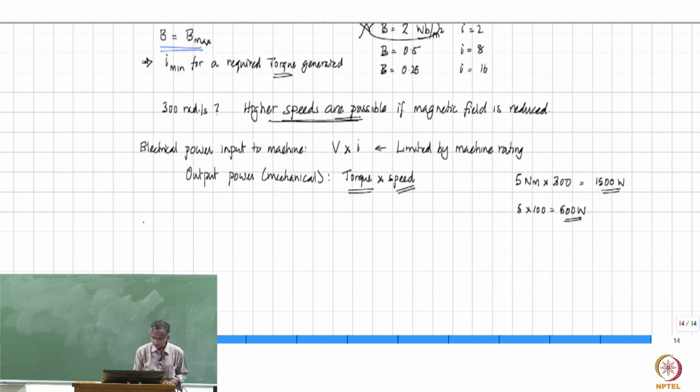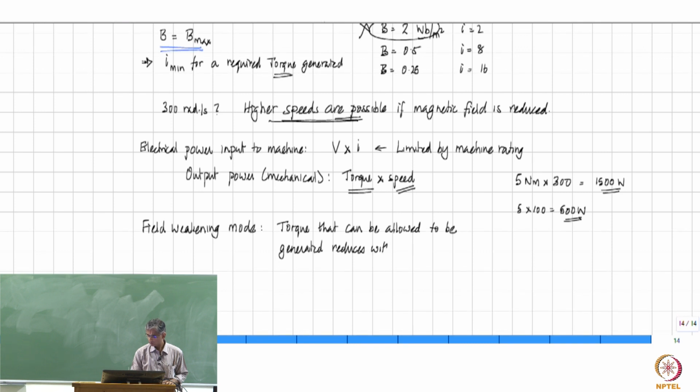So this kind of operation is called the field weakening operation. So in field weakening mode, the torque that can be allowed to be generated reduces with speed.